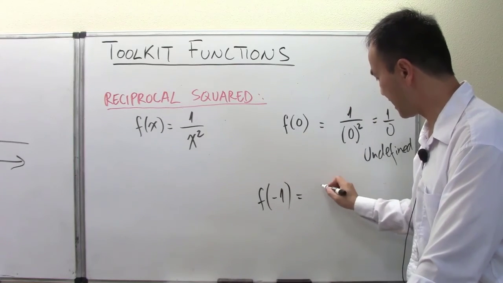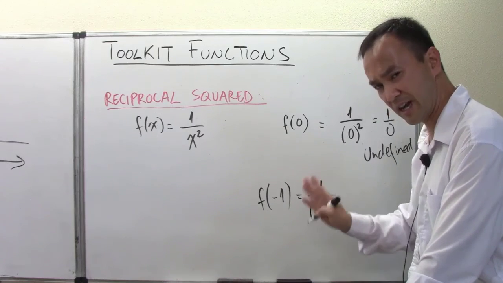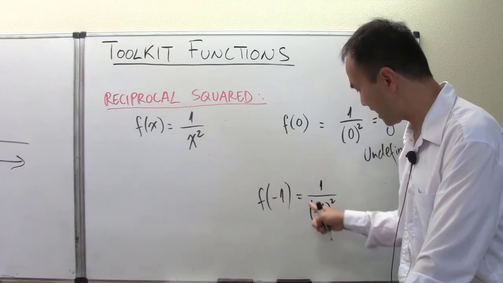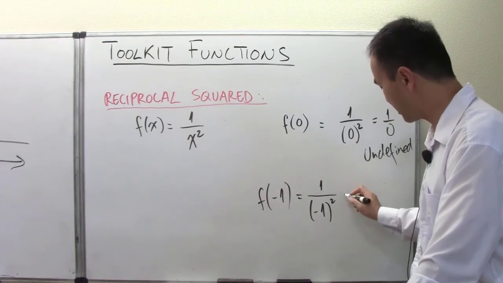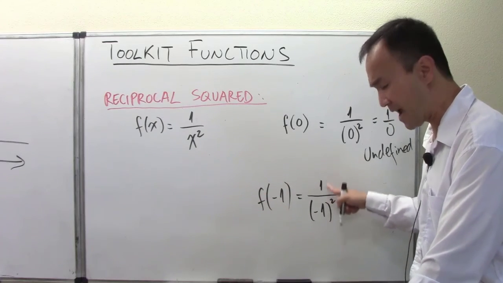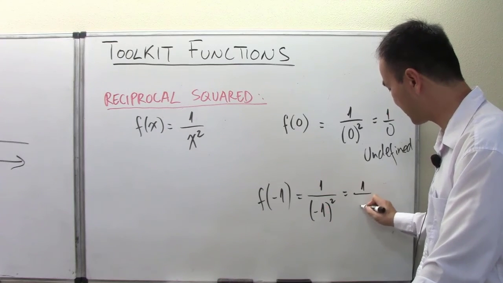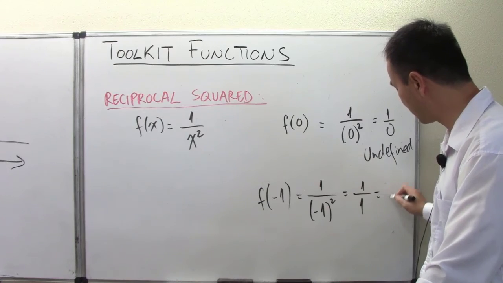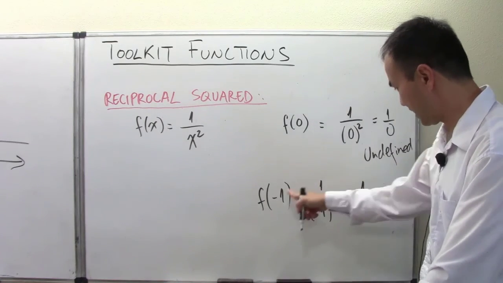Then that means it's a 1 divided by -1 all squared. See, again, you have seen enough of my video lessons up to this point, but anytime I'm substituting values in, I use parentheses, because that's making a big impact here. 1 divided by, but -1 all squared means it's a positive 1 in the denominator. Okay, so 1 divided by 1 gives me positive 1. So that's the output and that's the input.